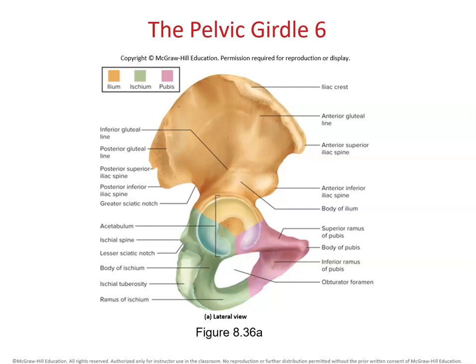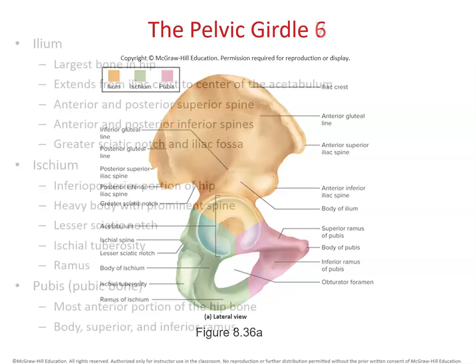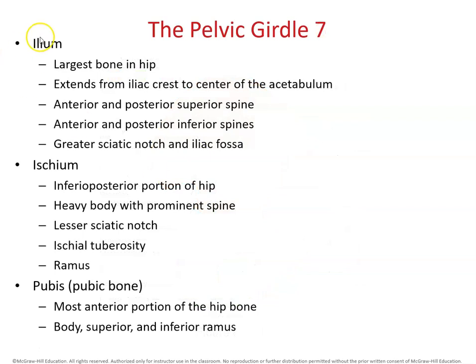Those are the three parts that I'd like you guys to know. The pelvis is a very complex bone, with lots of different features to it, but those are the three I'd like you to remember. So again, ilium, ischium, and pubis are the three bones that make up the hip.